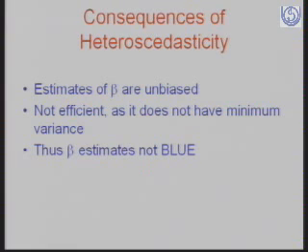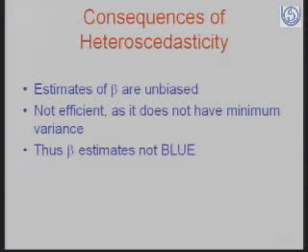That is true of the autocorrelation problem also. In the case of autocorrelation also we found that beta is unbiased, but it is not efficient. Similarly in the case of heteroscedasticity, it does not have the minimum variance, so the beta estimates are not BLUE. They are not the best linear unbiased estimates.